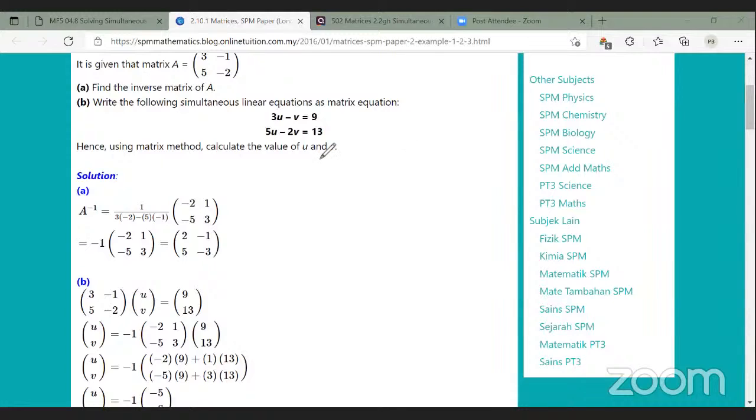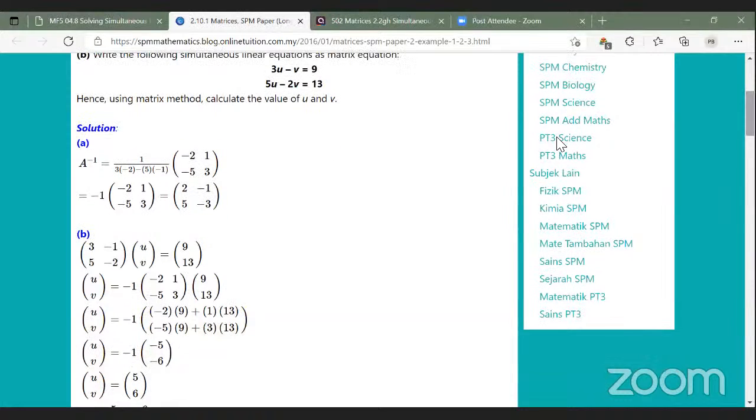Oh, I'm sorry, I said it wasn't in the standard form, but the equation is already sort of arranged for you. So from there, you can just write it down like earlier. So 3, -1, 9, 5, -2, 13, and then just fill in the rest.